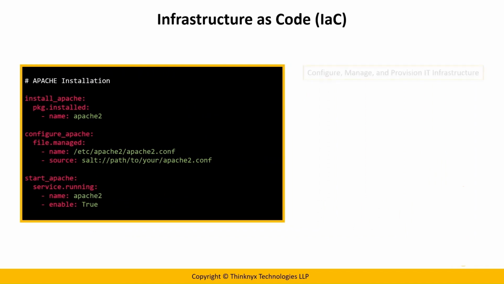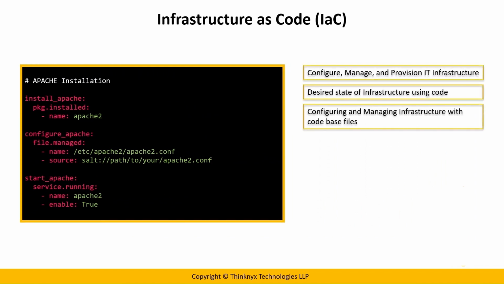So, what does InfrastructureAsCode stand for? InfrastructureAsCode, or popularly termed as IaC, is a method where we configure, manage, and provision our IT infrastructure through machine-readable code. Instead of manually configuring servers, networks, or other infrastructure components, we express the desired state of our infrastructure using code.